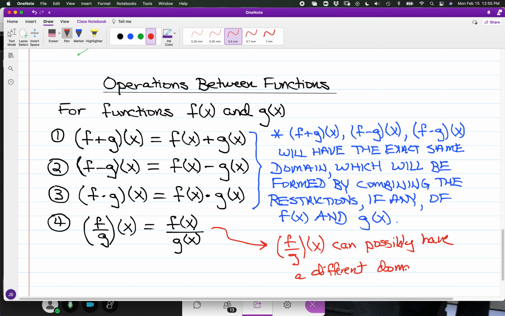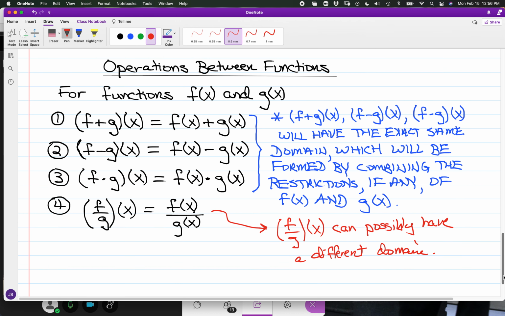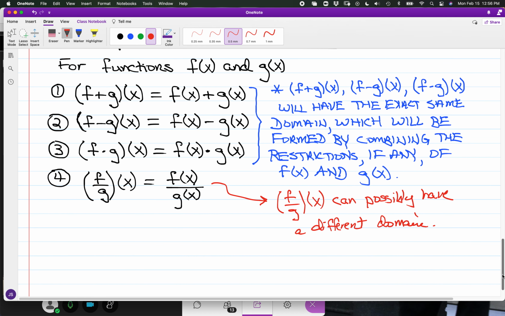And we'll say that we have, for instance, a couple of linear functions.